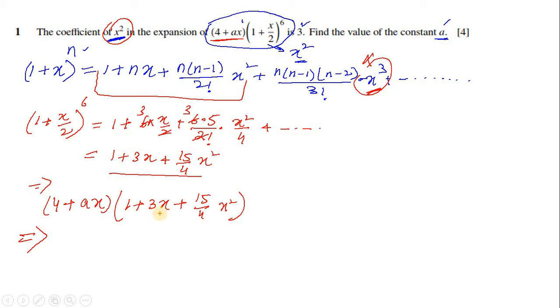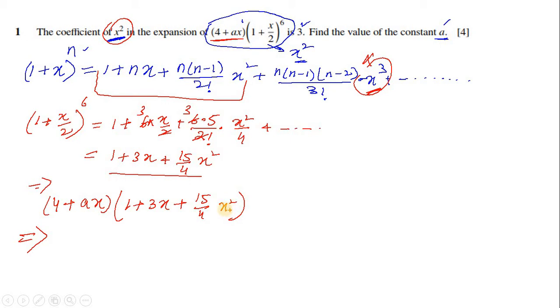But if you multiply 4 with 15/4 x square, this is a term involving x square. Similarly, multiplying ax with 1 is a waste of time, but if you multiply ax with 3x, it will give you another x square term. And ax with the last term gives a term involving x cube, so again a waste of time.